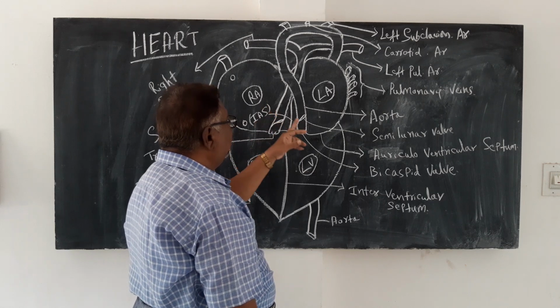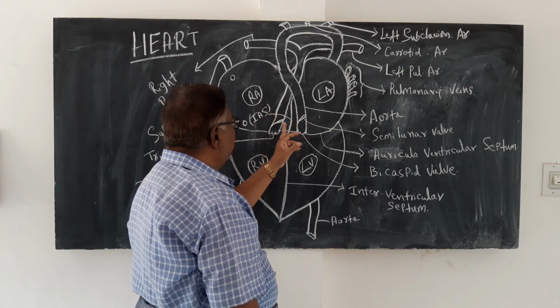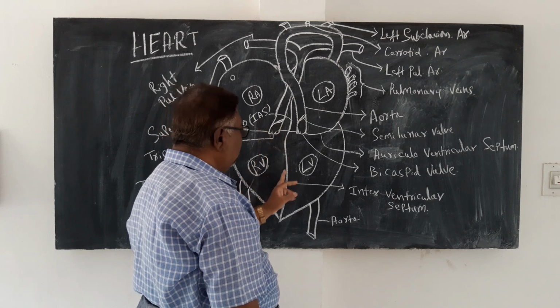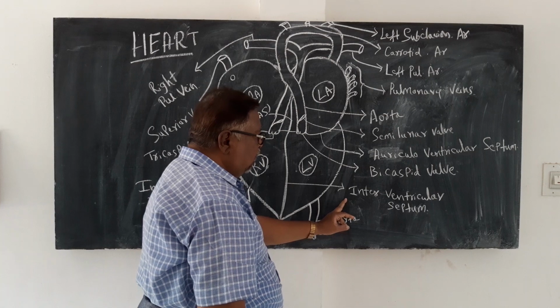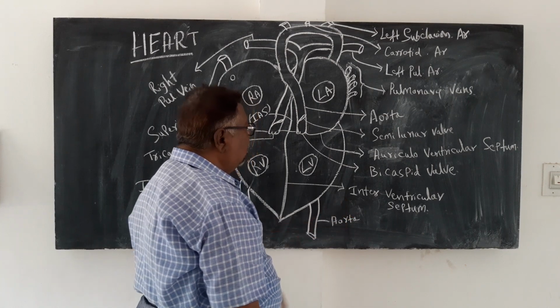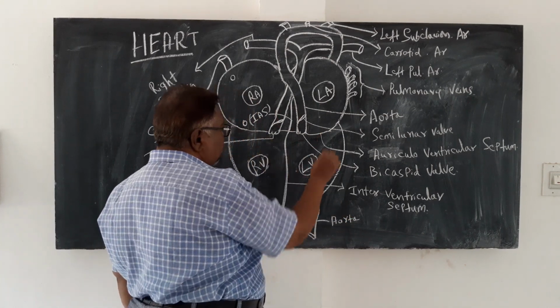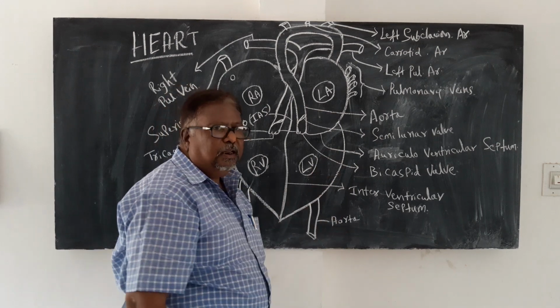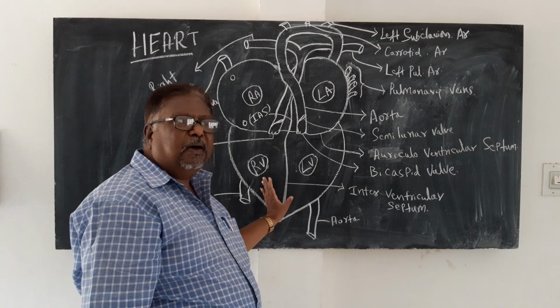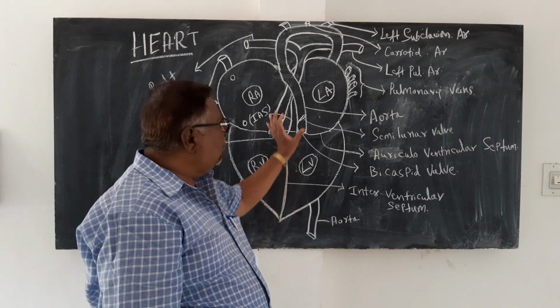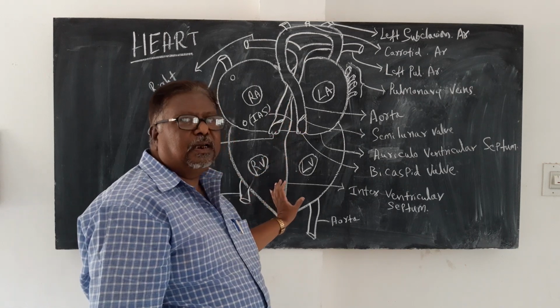The auricles are divided into two chambers by the interauricular septum. The ventricles are divided into two chambers by the interventricular septum. So these four chambers are completely separated. In the primitive animals, the ventricles are not completely separated, only partially separated, so the blood mixes in the ventricles.